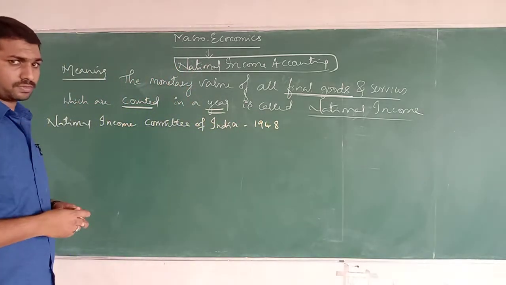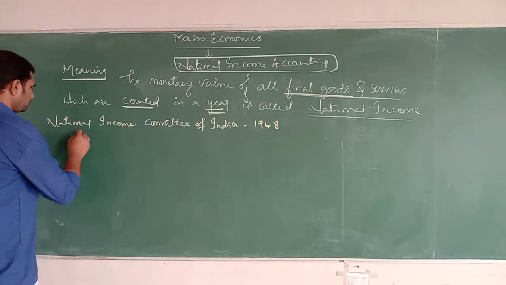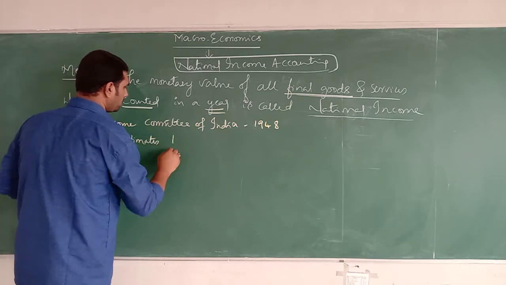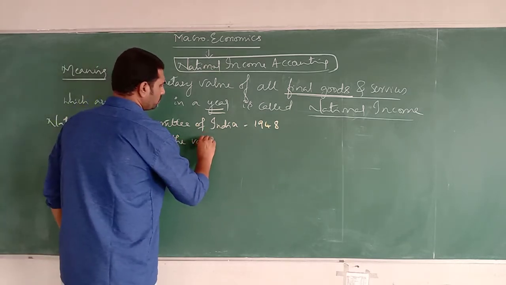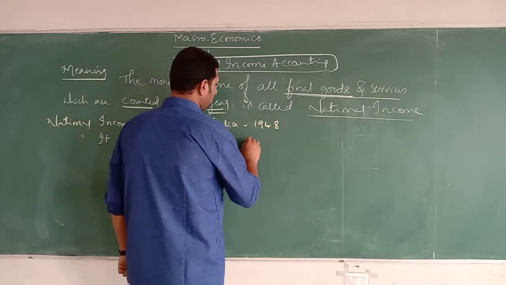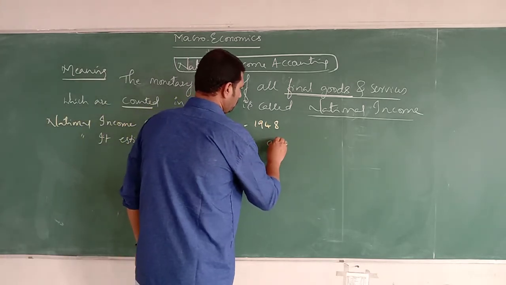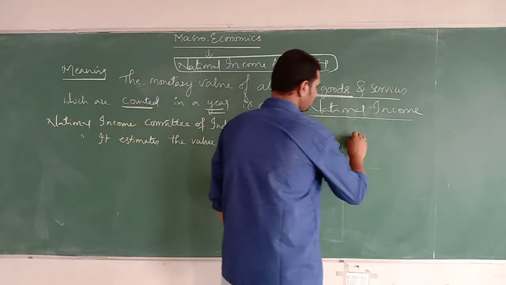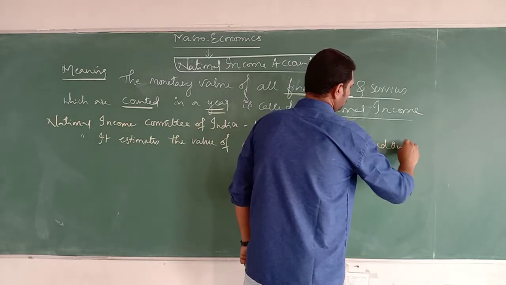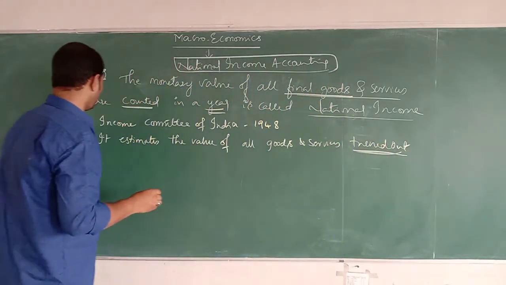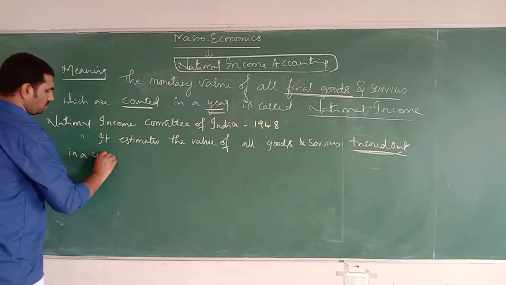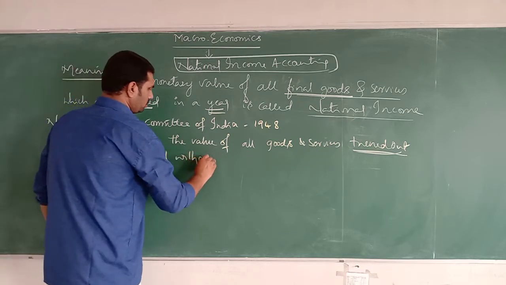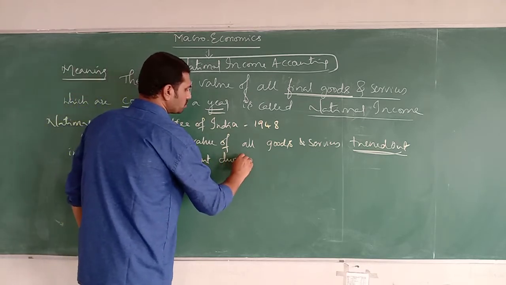They define national income as an estimate of the value of all goods and services turned out in a year, counted without duplication.